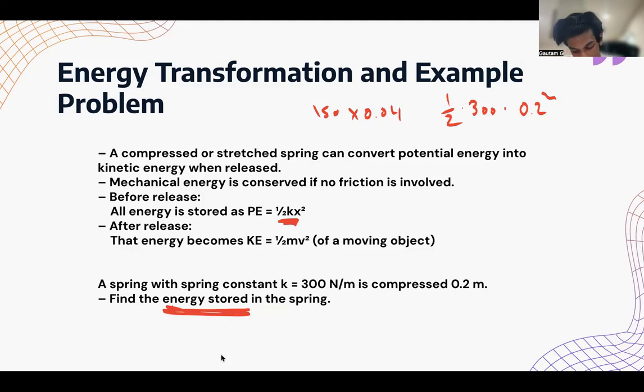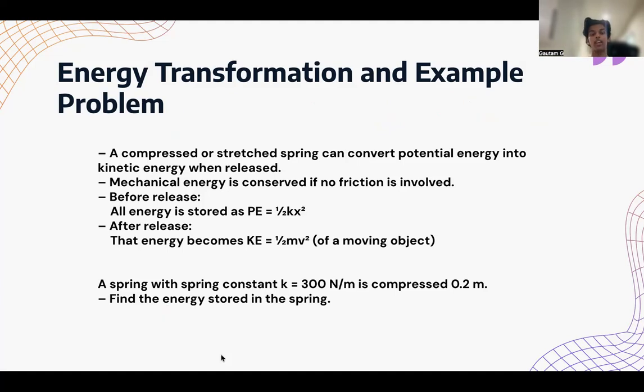What is that? 15 over 10 times 4. You get 6, I think. Someone can correct me if I'm wrong, but I got 6 joules of energy. Good. That's good to know. Everyone's getting that.